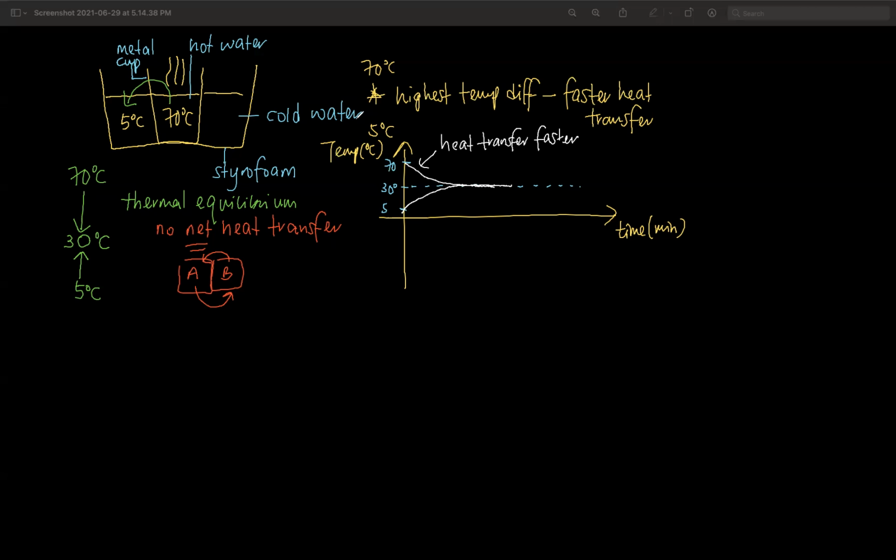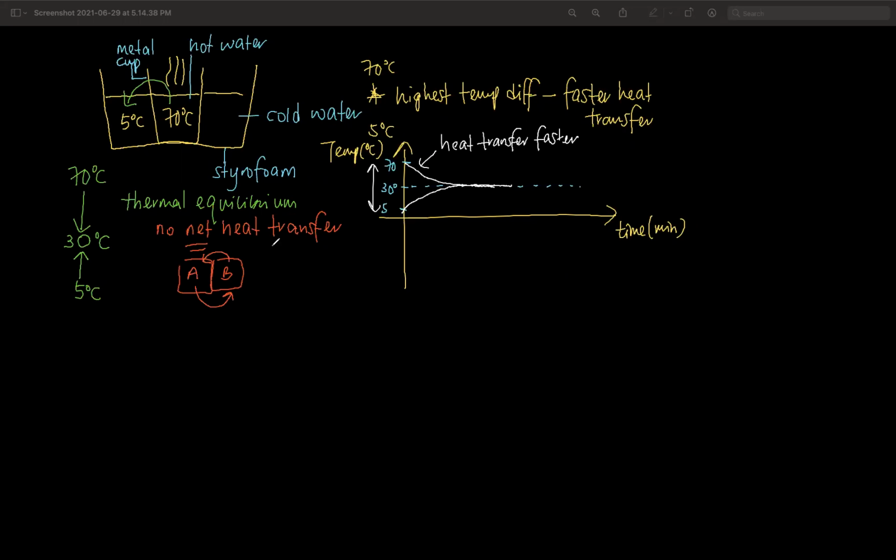So the heat transfer always happens the fastest when the temperature difference is the greatest. So when you plot the graph, it is a curved line like this. As long as there's a temperature difference, there's heat transfer. When the temperature becomes the same, there's no more heat transfer. And this is the equilibrium state.